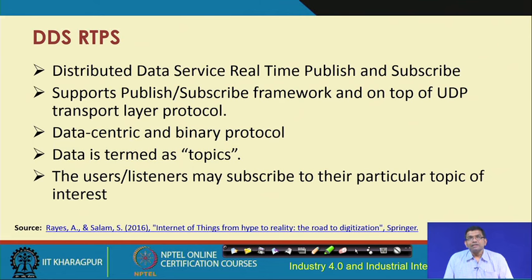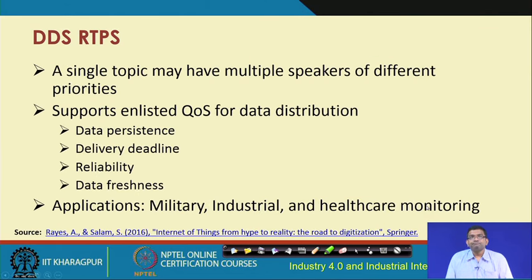It is a data centric binary protocol, and the data in this context are termed as topics. So, there are users which subscribe to a particular topic of interest and the listeners basically listen to these.